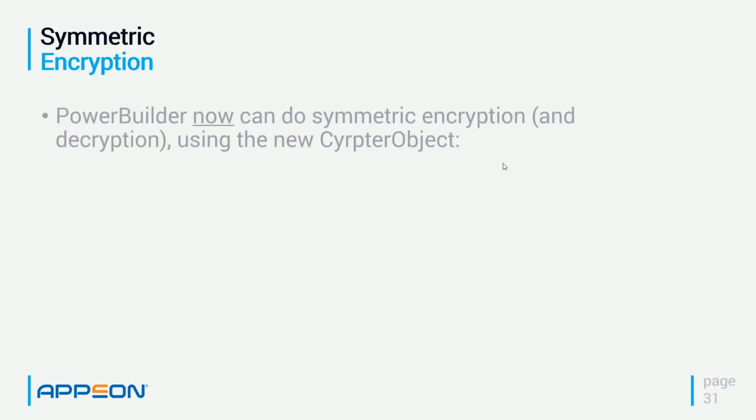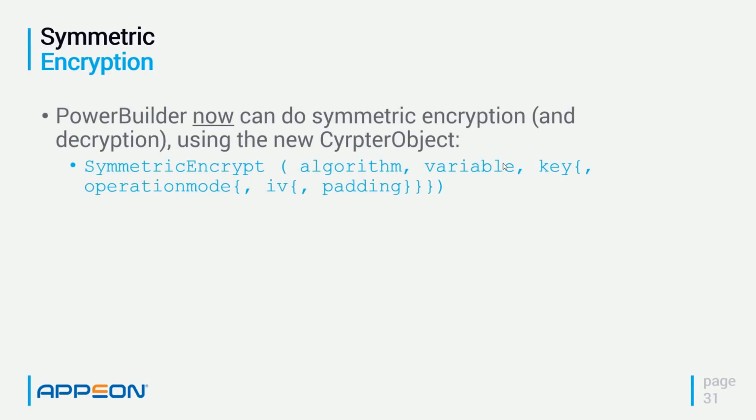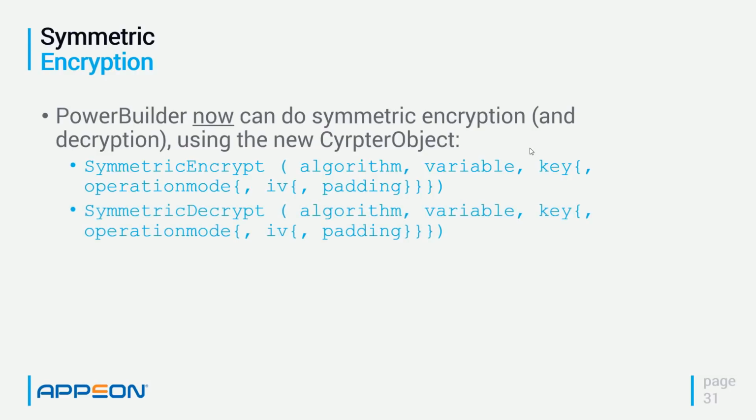So next is symmetric encryption. So there's a new cyber object. It has an encrypt and a decrypt method for symmetric encryption and decryption. There's an algorithm. There's several different algorithms you can use. The variable is the data that you want to encrypt or decrypt. The key value is the key you're going to use for the encryption or decryption.